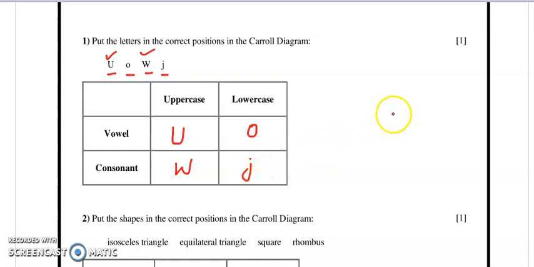Okay, the Carroll diagram was given the name Carroll after a mathematician, Lewis Carroll. He gave this idea of making groups of data. So on his name, it was given the name Carroll diagram.